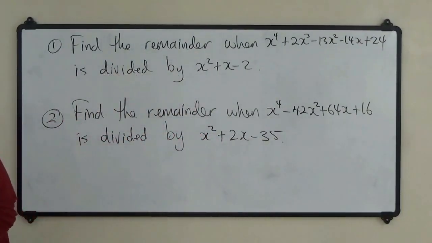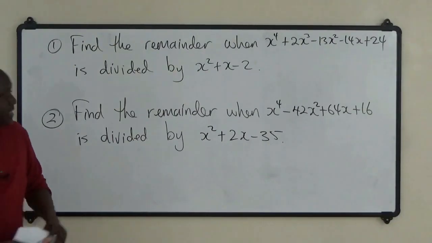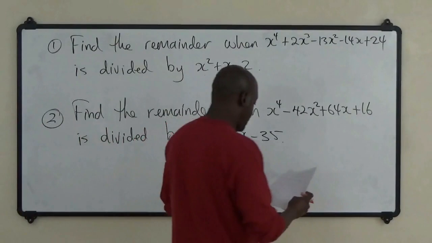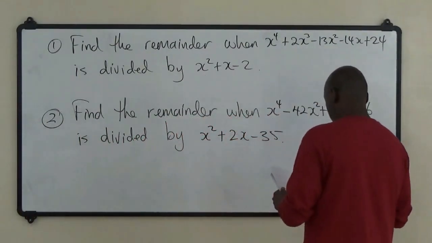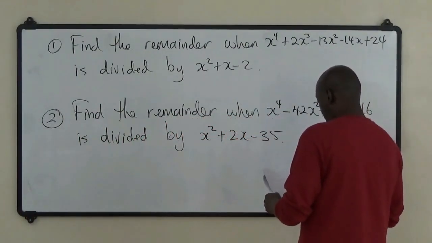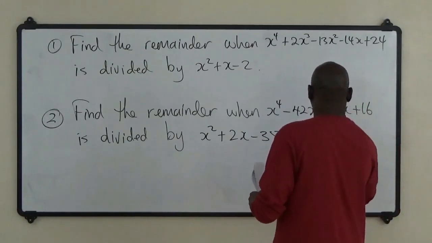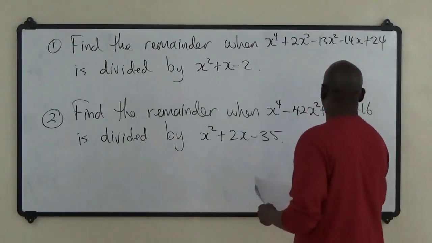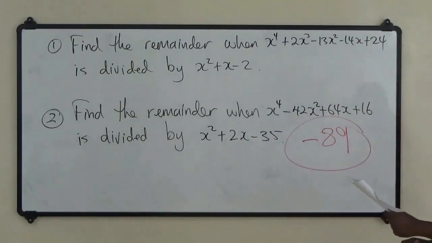Now, I've given you the answers too. In the first case, the remainder is minus 89.